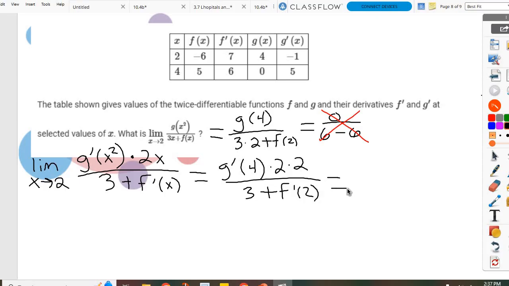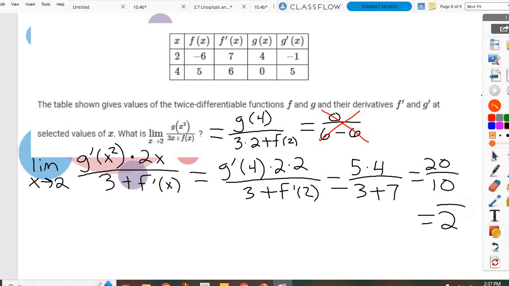So what is g prime of 4? 5. Times 2 times 2 gives us 20. And then we have 3 plus f prime of 2 gives us 7. So we get 20 over 10, which is also just 2, and that would be our answer.